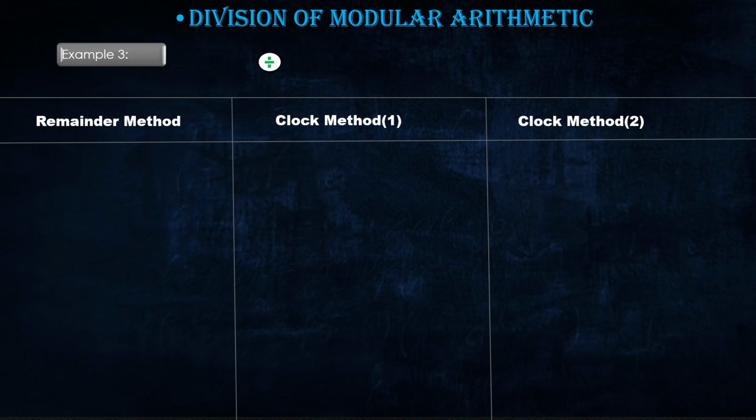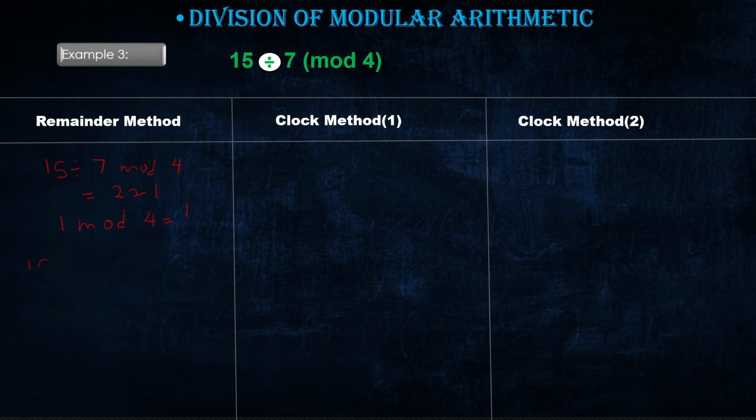Example 3. 15 modular division 7 mod 4. 15 divided by 7 mod 4 is equal to 2 remainder 1. And in this case, we take our remainder, which is 1 mod 4, which is the same thing as 1.